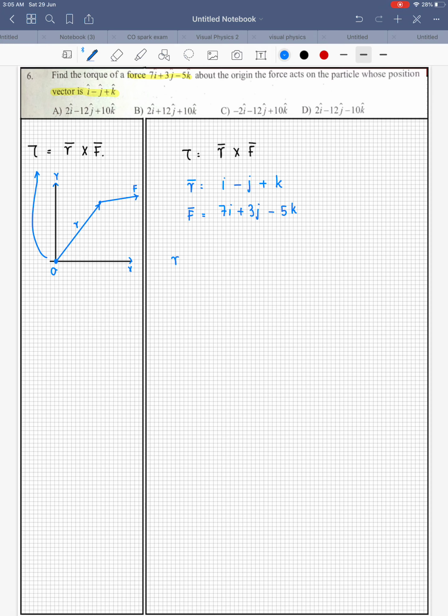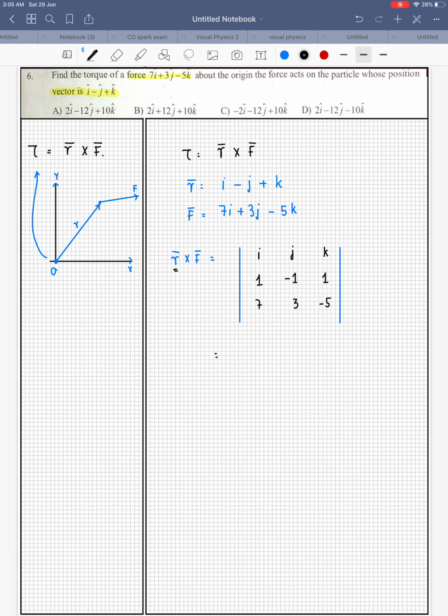So to calculate r bar cross F bar, what we have to do is a determinant. Then you should write i, j, k. The r vector you should write first, because you are calculating r bar cross F bar. If you were calculating F bar cross r bar, we would have written F bar first. So now I will write r bar first: 1, -1, 1 and 7, 3, -5.